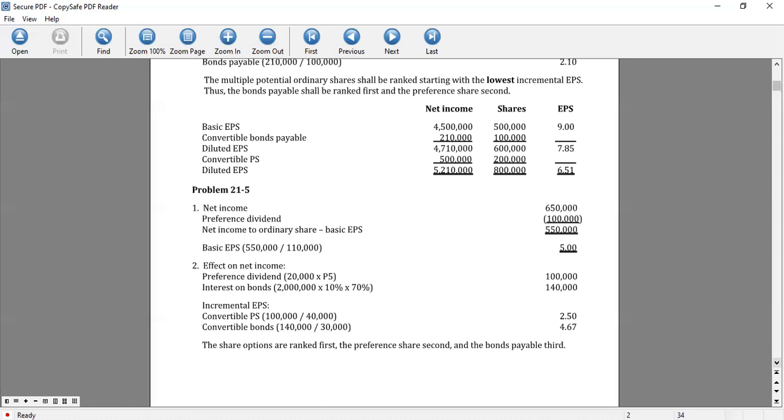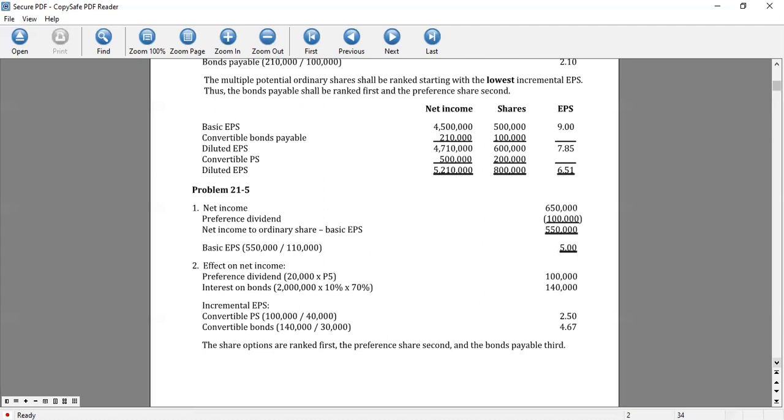Share options are ranked first, the preference share second, and the bonds payable third. Now, why did we put the bonds payable last in the ranking?